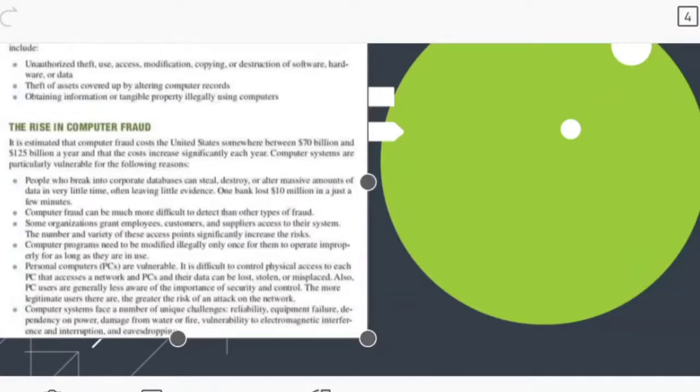All in all, you can commit any type of fraud that requires computer technology to perpetrate easily, and through computers it is more difficult to detect than other types of fraud.